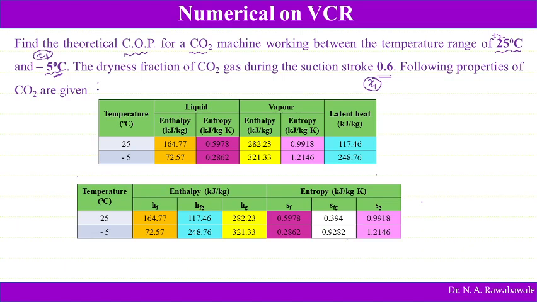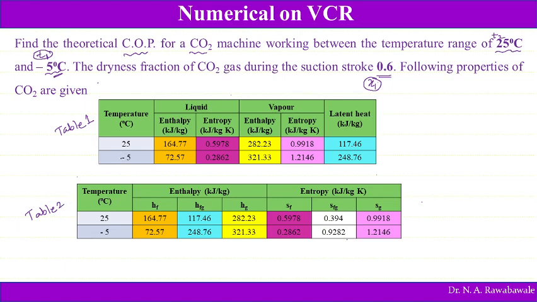Nothing is given about the end of compression, whether it becomes dry saturated or wet. So we are considering the refrigerant to be wet at the end of compression. Table 1 is given in the problem, so table 2 is created for our convenience.